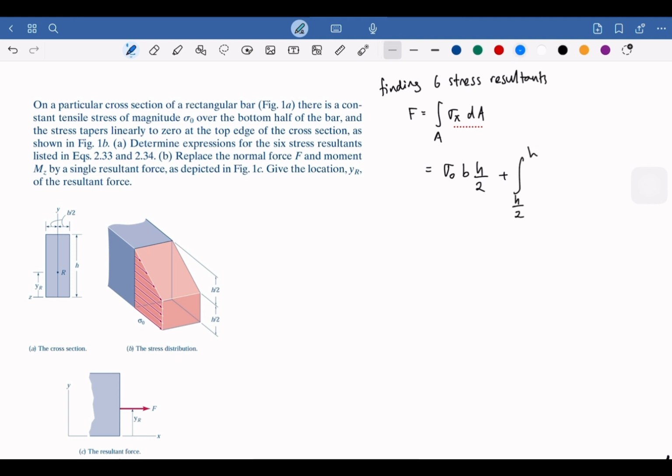So to help, maybe we can draw an axis here. This is h, this is 0, this is h over 2. So from h over 2 to h, with b as a constant.